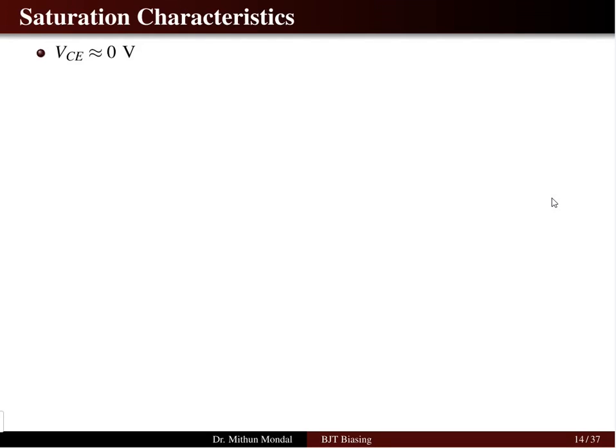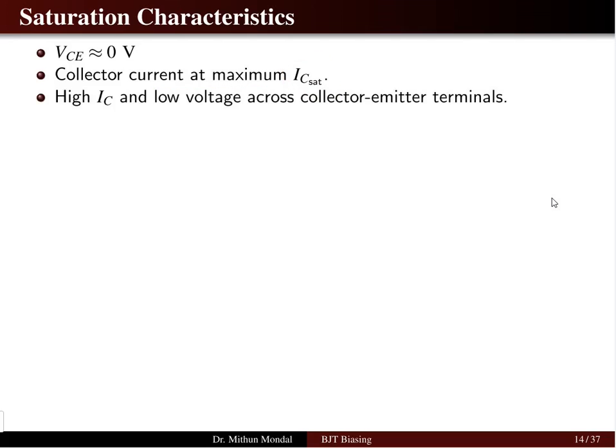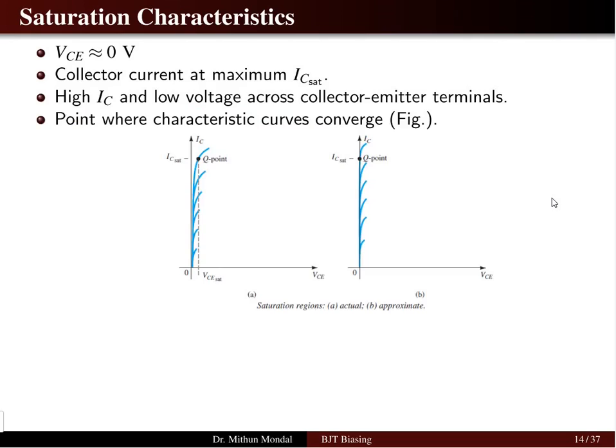And if you talk about the characteristics, the collector to emitter voltage is 0 volts. The collector current will be at maximum. We call that the collector current at saturation level. High collector current and low collector to emitter voltage will be there in the transistor operation. So the point where the characteristic curves converge, we can get the Q point.